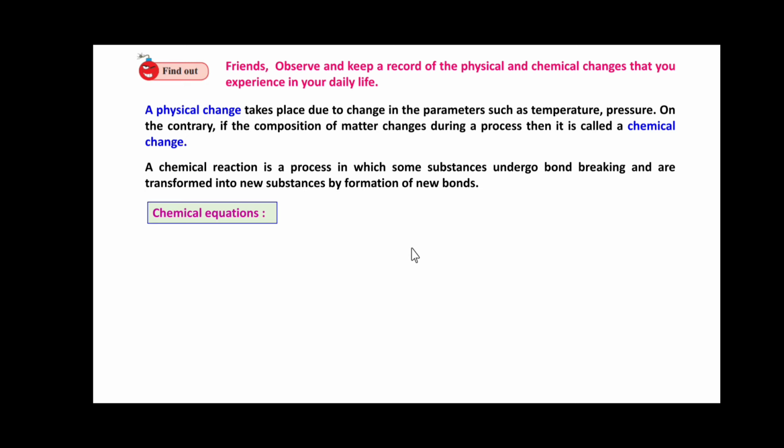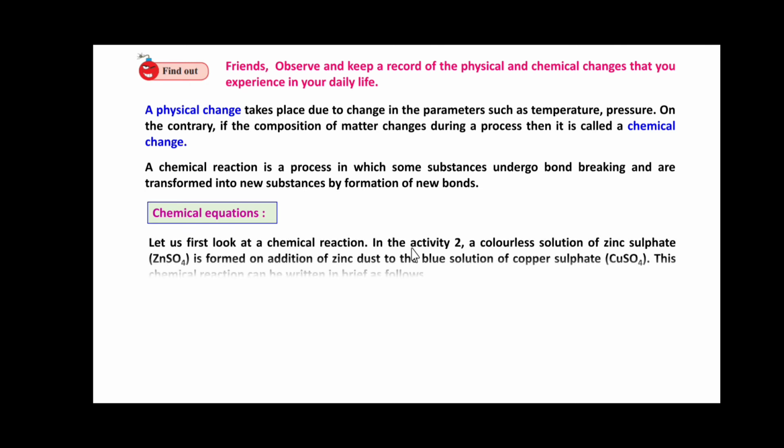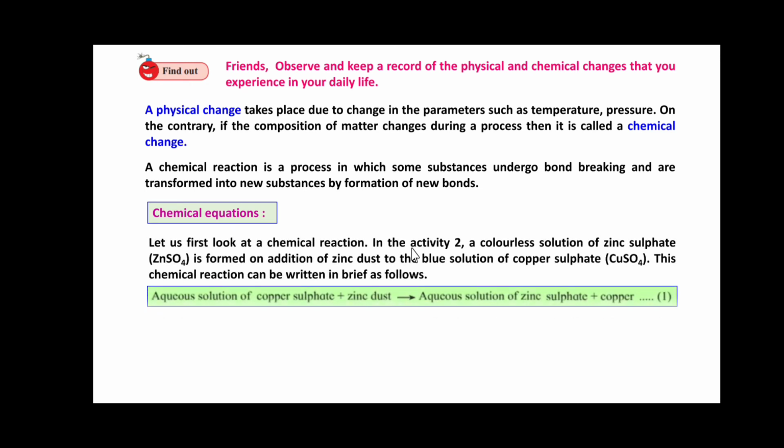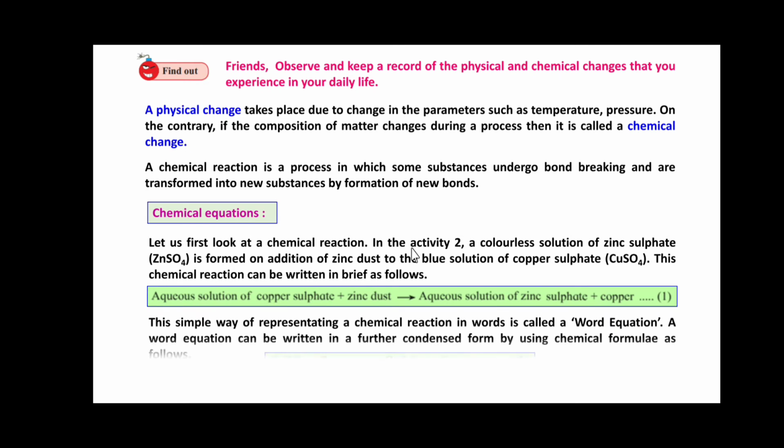Let us first look at a chemical reaction in the activity 2 that we have just seen. A colorless solution of zinc sulfate is formed on addition of zinc dust to the blue solution of copper sulfate. So the chemical reaction taking place here will be aqueous solution of copper sulfate plus zinc dust that gives you aqueous solution of zinc sulfate plus copper.